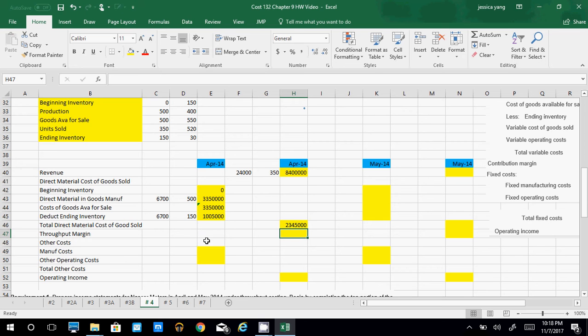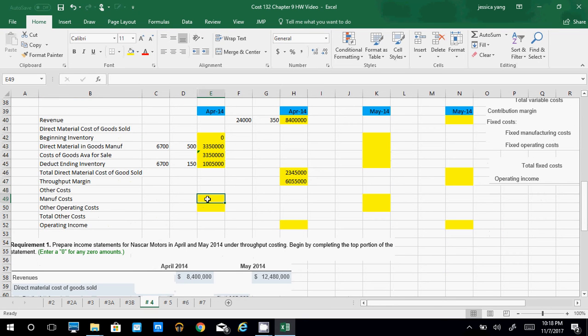For the throughput margin, we take our revenue of 8,400,000 and subtract our total direct material cost of goods sold of 2,345,000 to get an answer of 6,055,000.